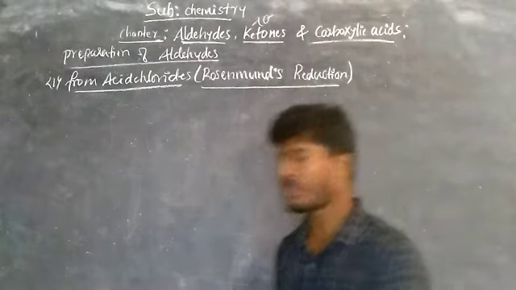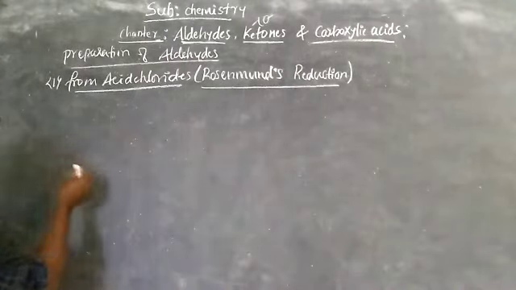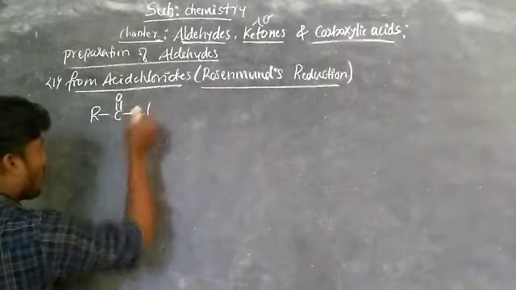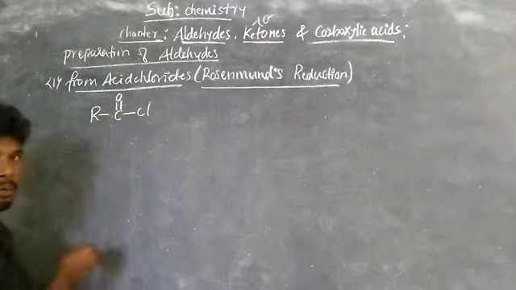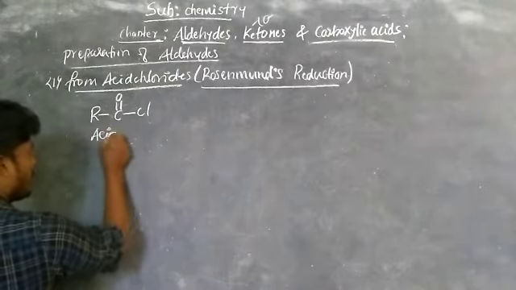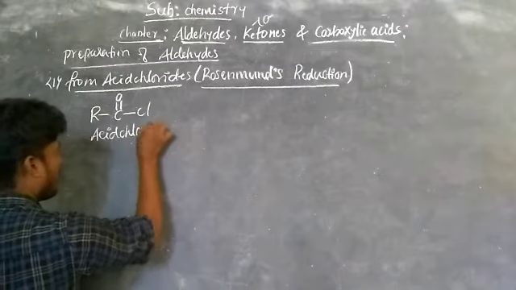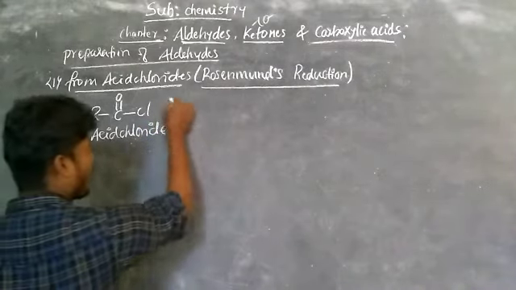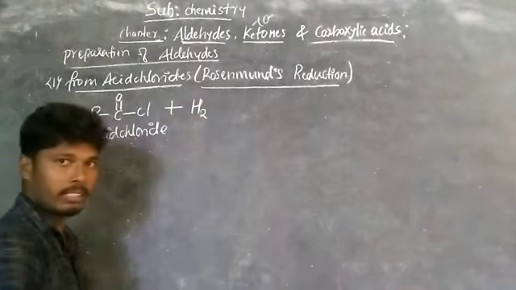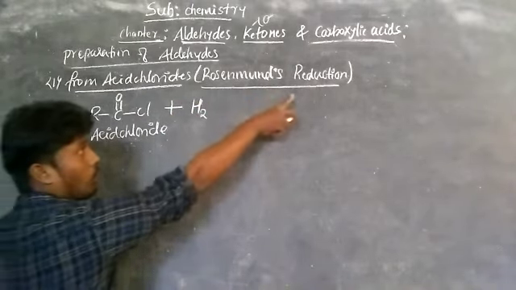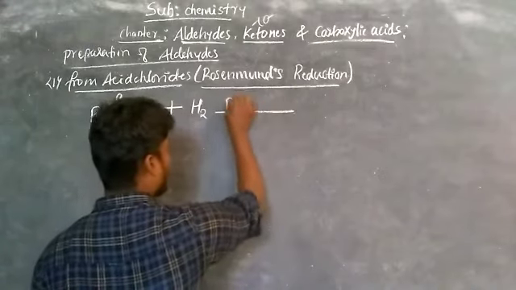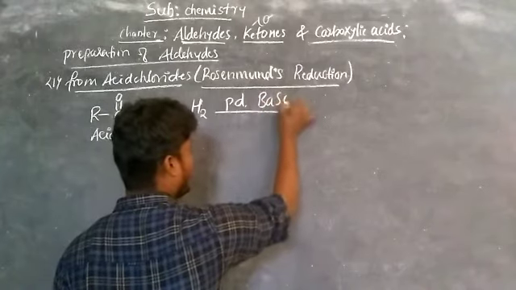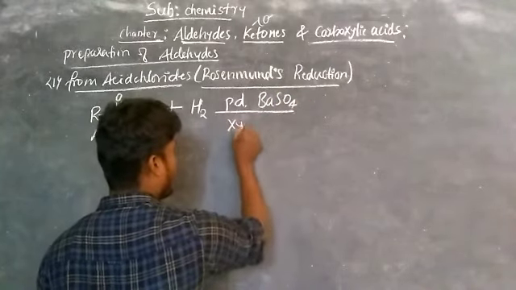See the chemical reaction. The acid chloride, general representation C double bond O bond Cl, you already learned in the alcohol chapter. These acid chlorides are treated with hydrogen, which means they undergo reduction in the presence of the catalyst palladium and barium sulfate with the solvent xylene.